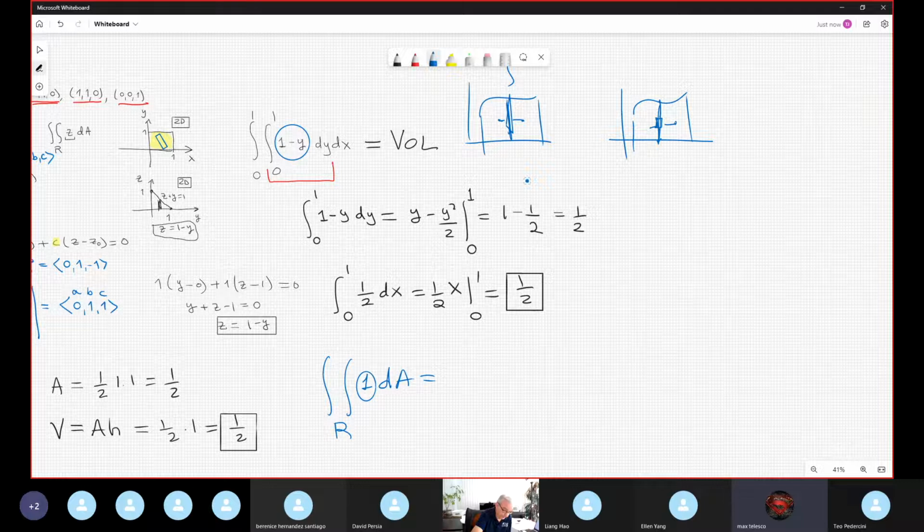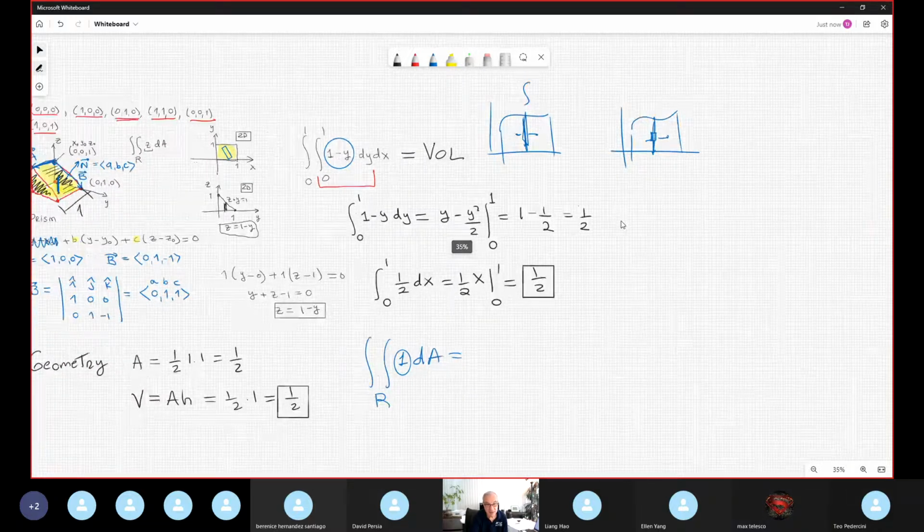Cool. And can we do this problem just with geometry on the test? No. We practice the multiple integral. This is another way, because maybe I change the test. It's just a good way to confirm our answer. The answer is the same.